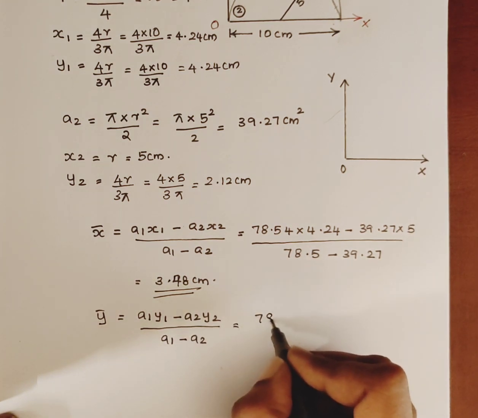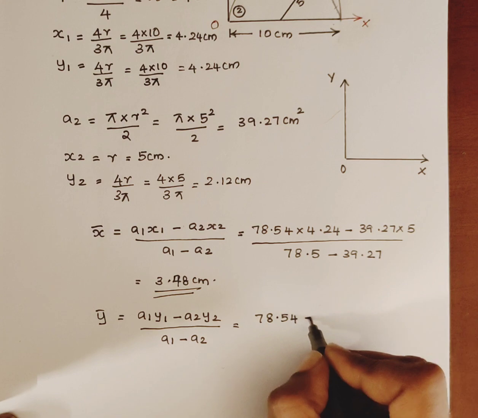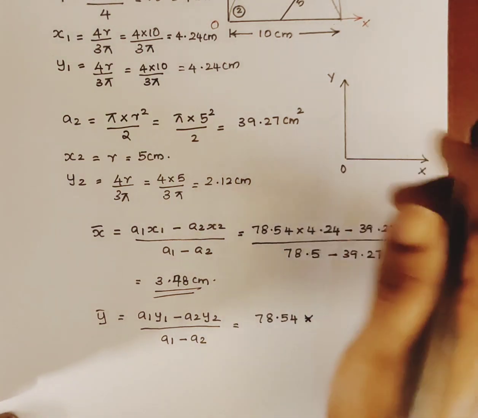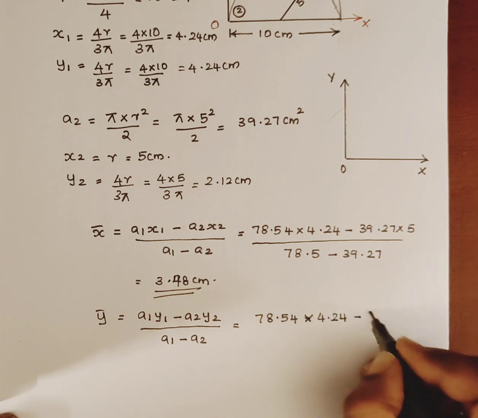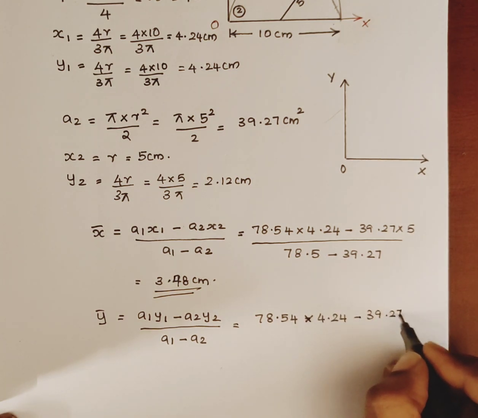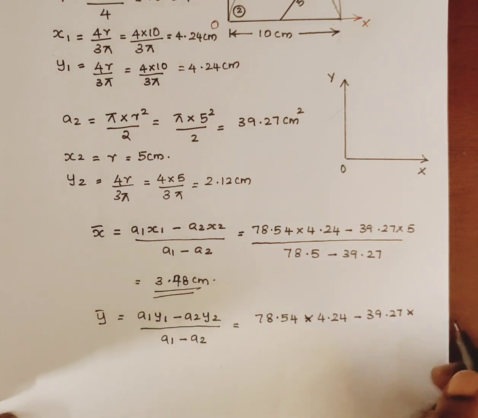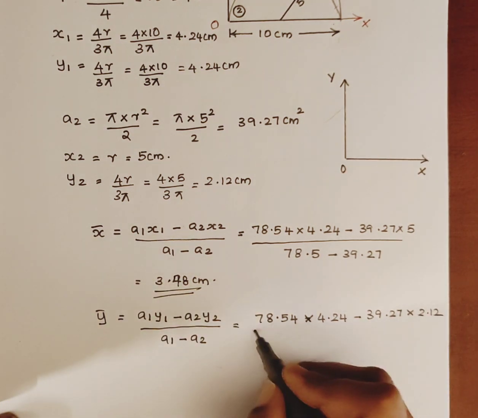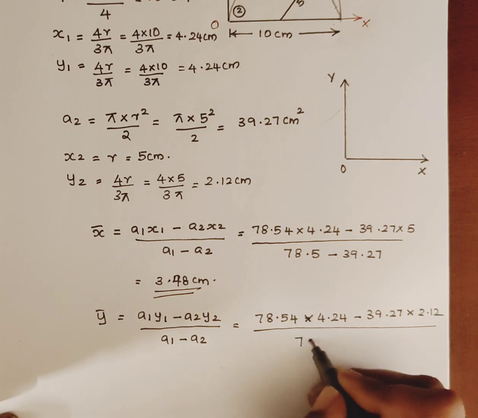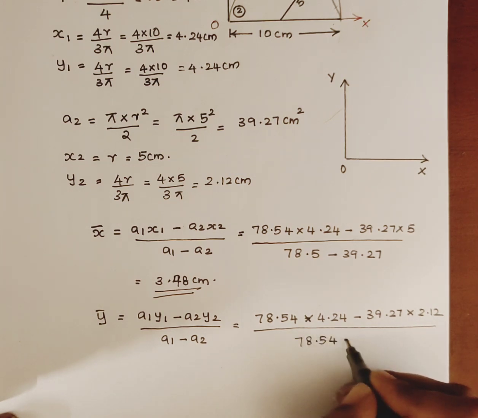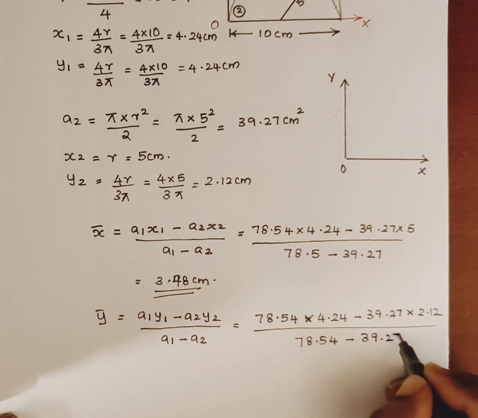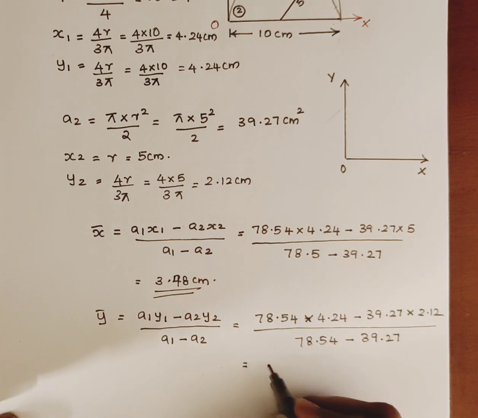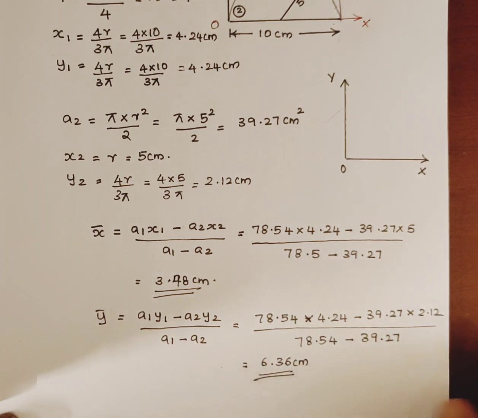That is equal to 78.54 into y1, where y1 is equal to 4.24, minus 39.27 into y2, where y2 is equal to 2.12, divided by a1, that is 78.54, minus a2, which is 39.27. That is equal to 6.36 centimeter.